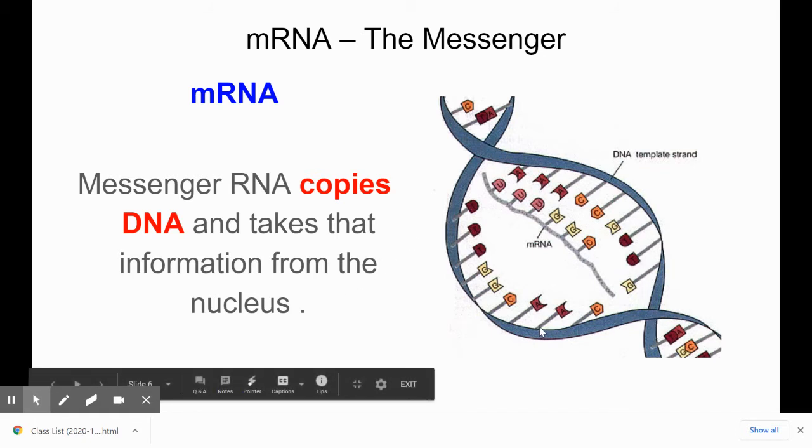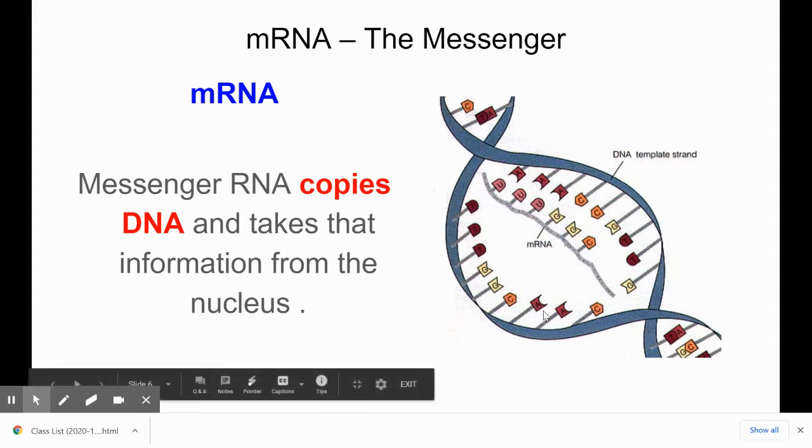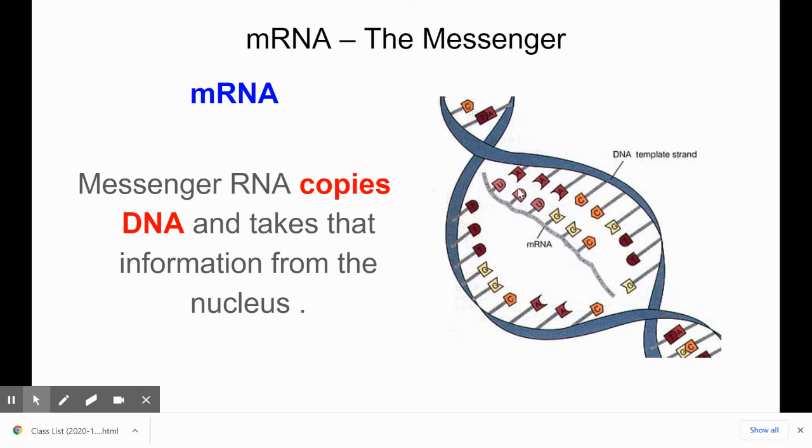Remember, DNA is found in the nucleus, and we are going to have nucleotides come in and pair. You're seeing here the mRNA nucleotides pairing with one side of the DNA strand. So what is happening is we're copying the information from DNA into a molecule of messenger RNA.